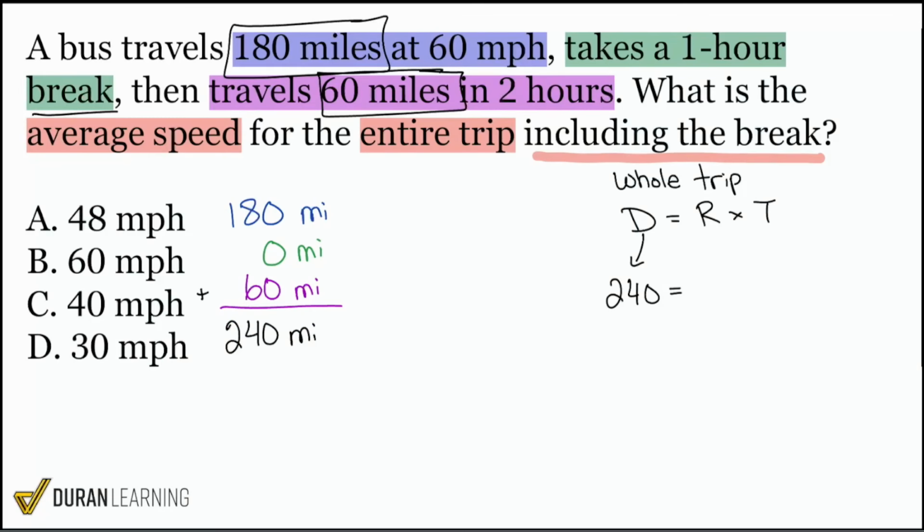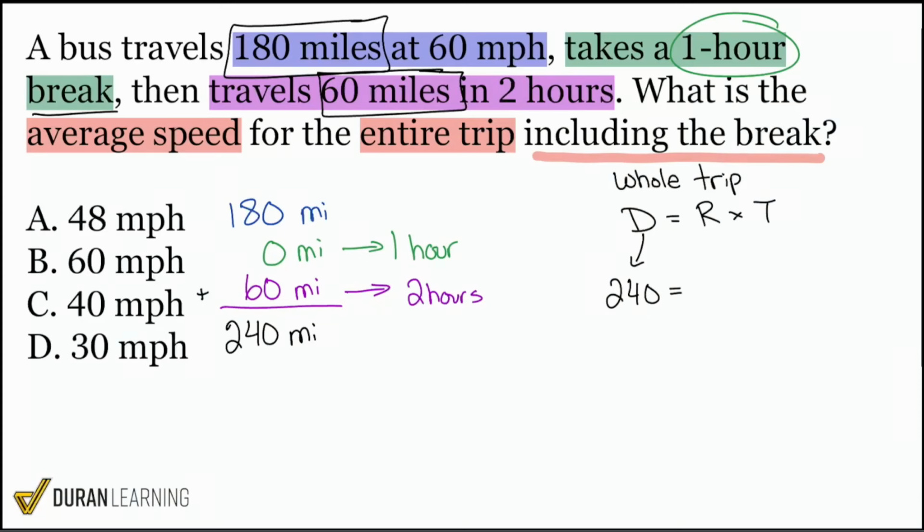And then from here, we'll go ahead and try to figure out what that time is going to be for the entire trip. So when we take a look at the purple part, the third part of the trip, we see that it says 2 hours. Nice and easy. Everyone, how long was the break? How many hours was that going to be again? Right there, booyah. That's just 1 hour.